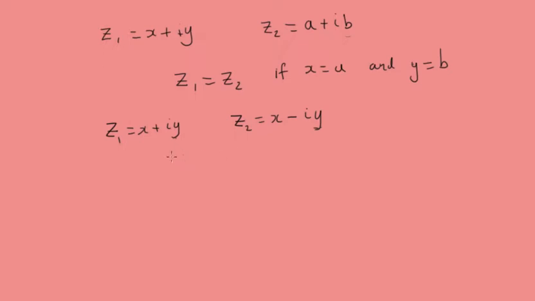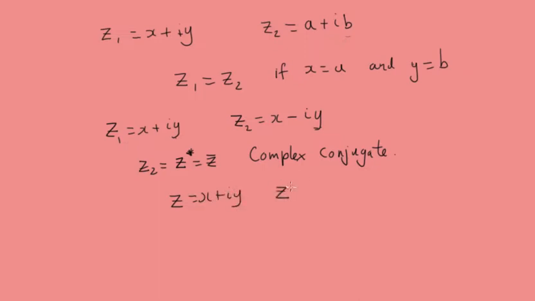What we call z2 is the complex conjugate, and it's given this notation, either a little star or z with a little bar over it. So this is the complex conjugate. So z equals x plus iy, and its complex conjugate equals x minus iy.